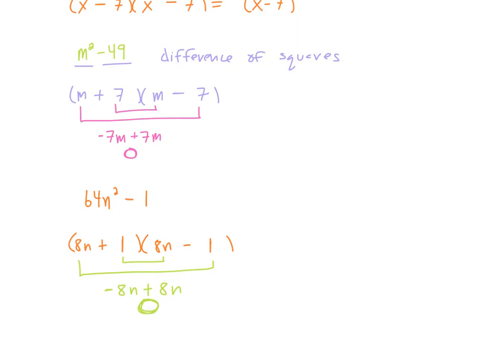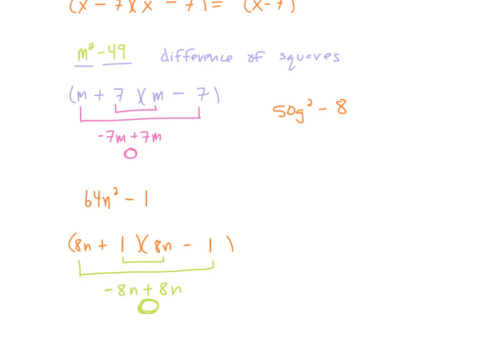All right, the last example we're going to look at here is 50g squared minus 8. All right, so again, two terms has to be difference of perfect squares, or I'm factoring out a greatest common factor. Well, neither 50 or 8 are perfect squares, so this can't be factored using difference of perfect squares.